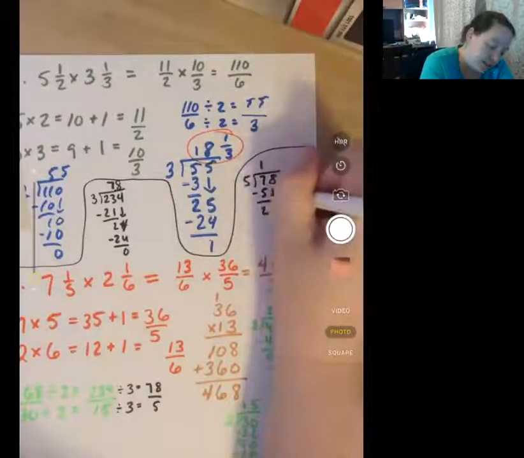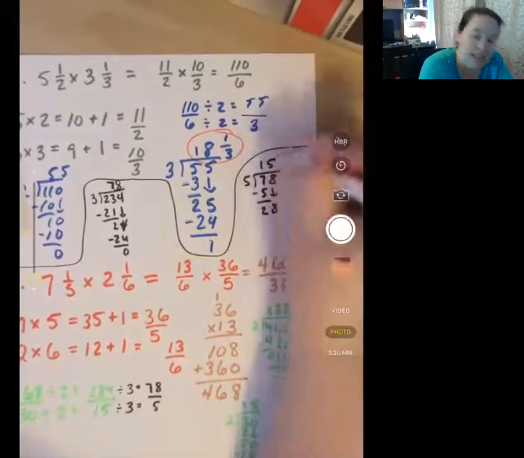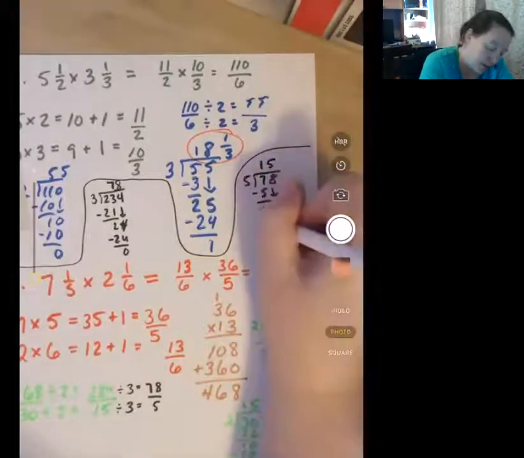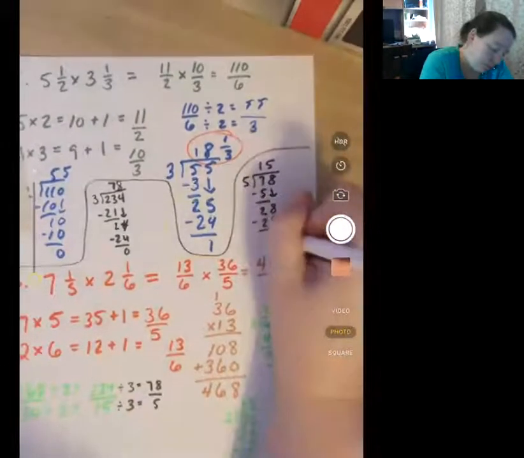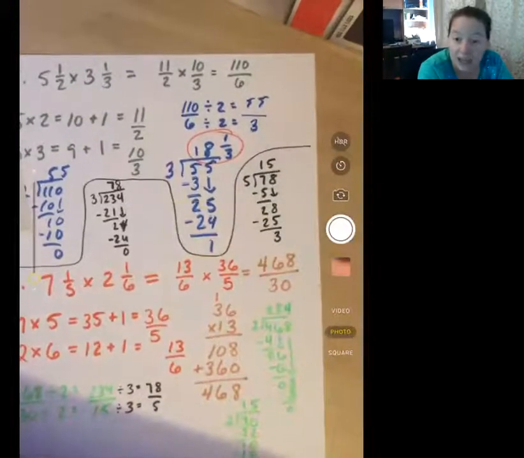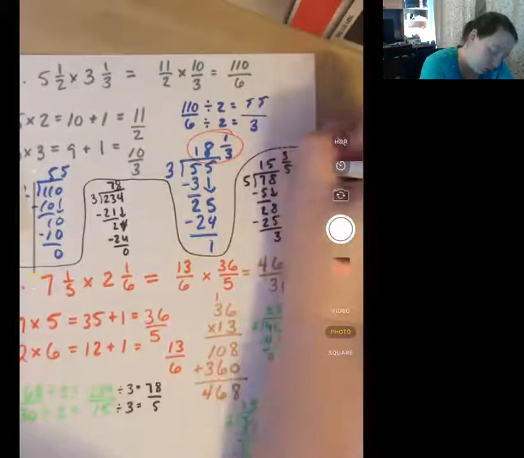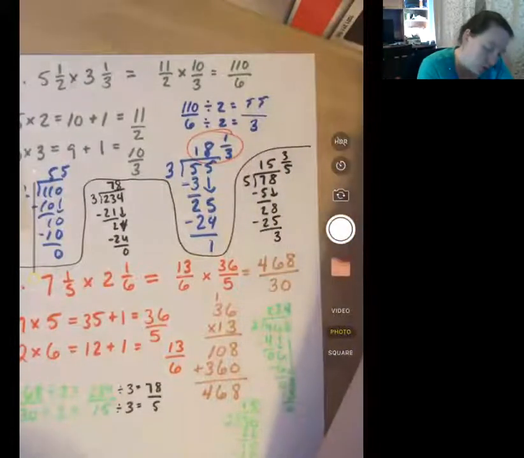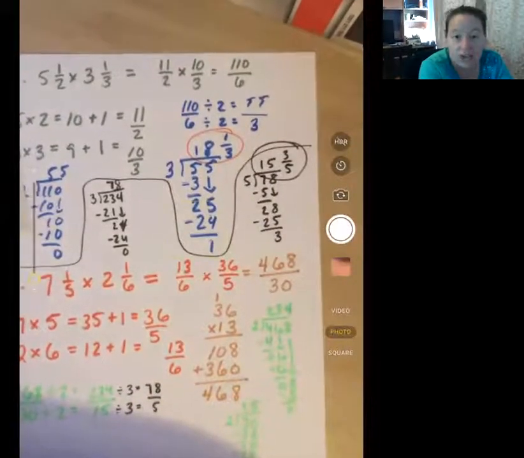Bring down the 8. 5 goes into 28 5 times, because 5 times 5 is 25. 28 minus 25 is 3. I don't have anything else left to bring down, and 5 cannot go into 3, so it is 15 3/5. So our final answer is 15 3/5.